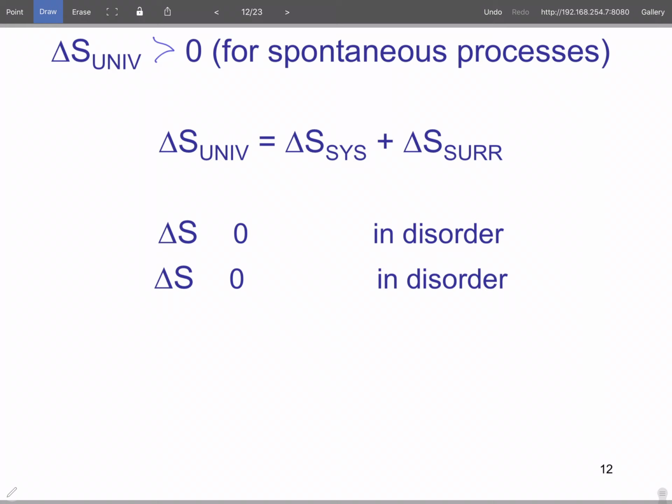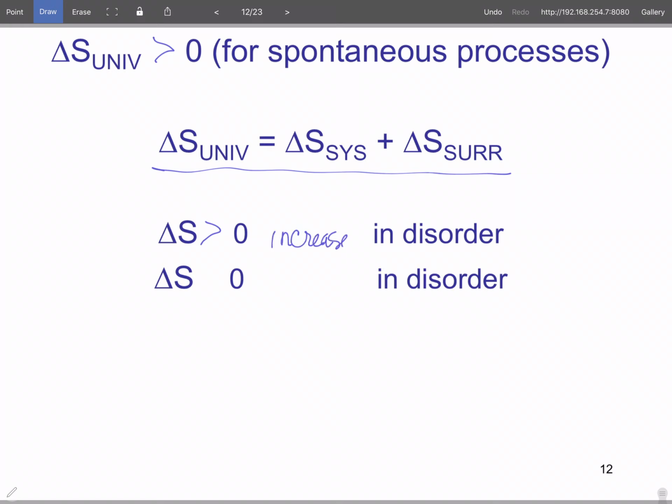Now, remember, enthalpy is spontaneous if it's negative. Entropy is spontaneous if it's positive. So don't forget that. What happens is that the change in entropy of the universe has to equal the change in entropy of the system plus the change in entropy of the surroundings. Okay? And remember, if we are positive, we're increasing the disorder.